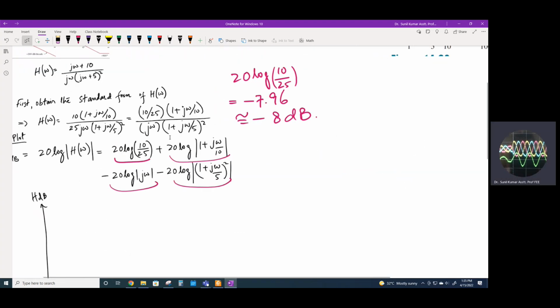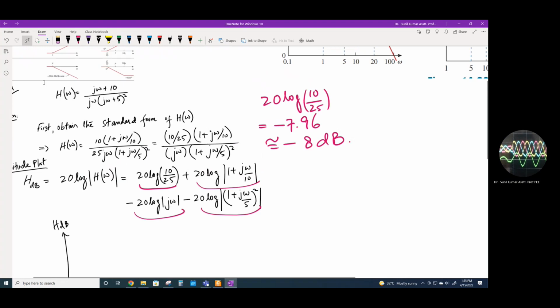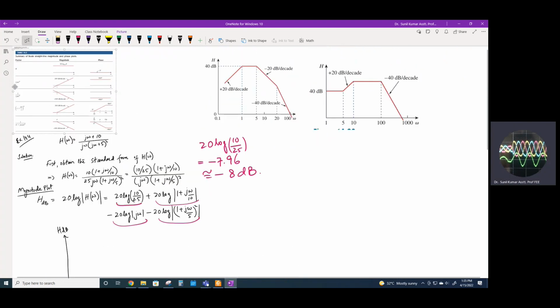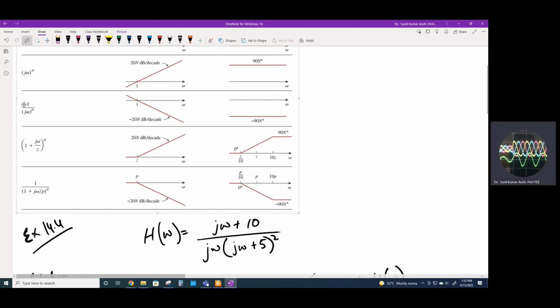And next I have a pole which is crossing at omega equals 1. Okay, so I have a j omega in the denominator. So let's check out the table. When I have 1 over j omega to the N, I have a negative slope crossing omega equals 1. So here capital N is 1 in this case, so the slope will be minus 20 dB per decade.